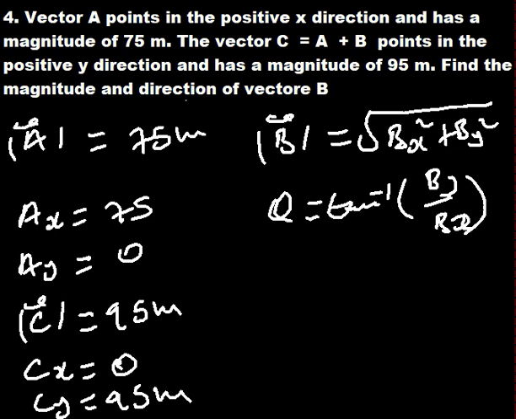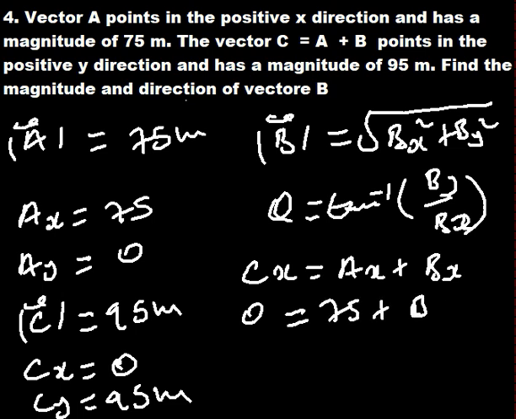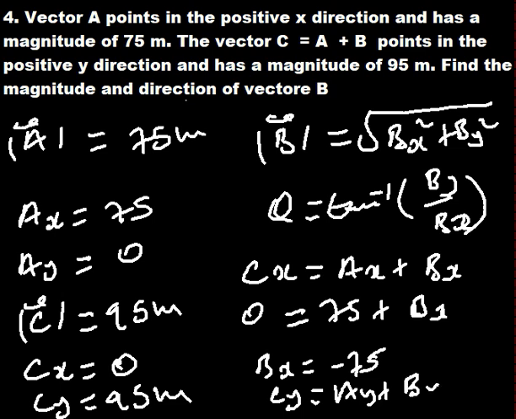But the reality is that cx consists of ax plus bx, and the cx, which is 0, is equal to ax, which is 75, plus bx. Solving for bx, bx will be negative 75. And using the same principle, cy is given as ay plus by. What is ay?